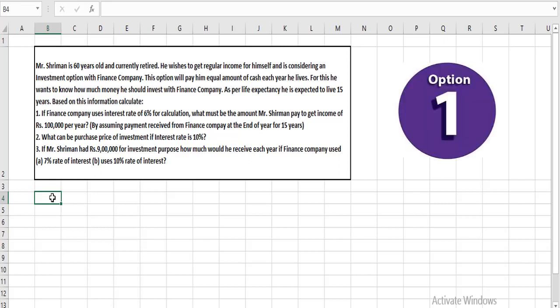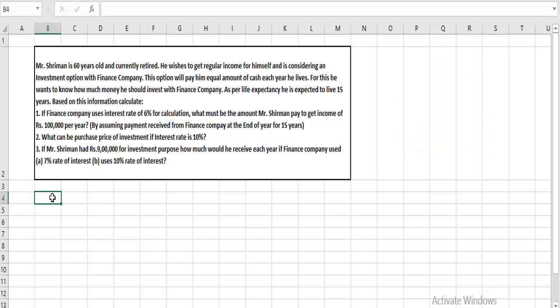Option 1: if the finance company uses the interest rate of 6% for calculation. Say for example, we are the portfolio manager or the financial consultant of Mr. Shriman, and Mr. Shriman has a choice of making an investment which can give him regular income with the finance company, and the finance company has declared that it will give interest of 6% every year.